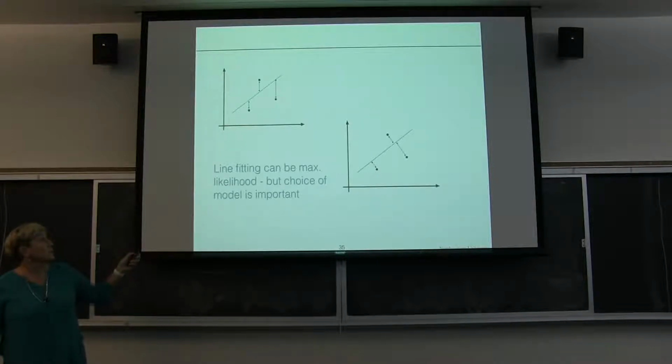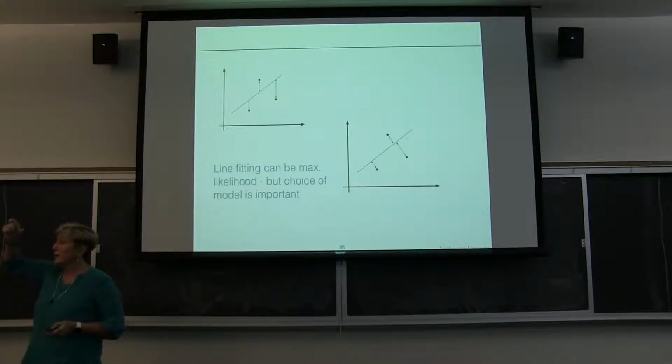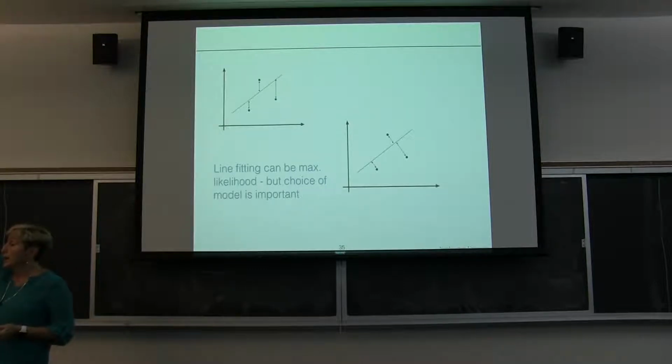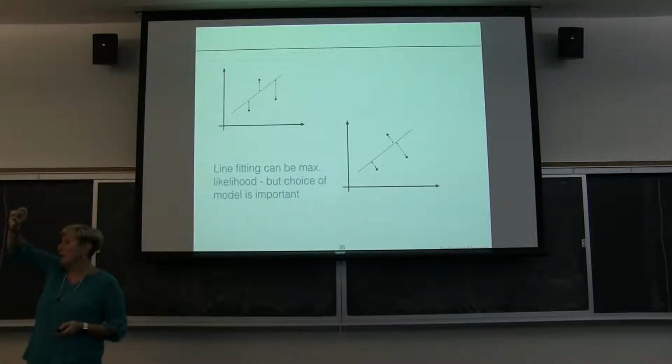How did I write the optimization cost over here? Distance from the line in the Y direction. Right. So over here was easy, right? It was the difference between the true Y and the Y I wanted.